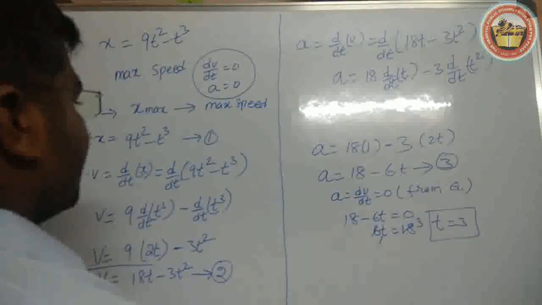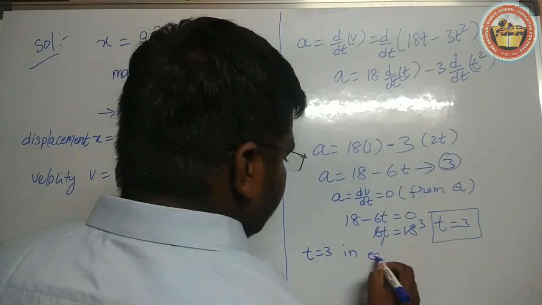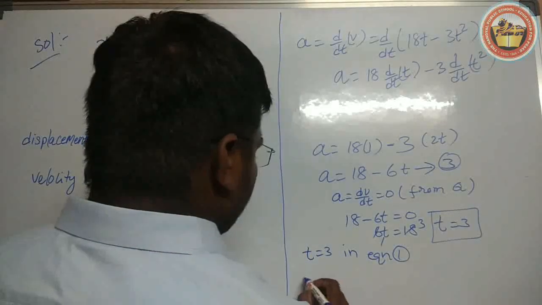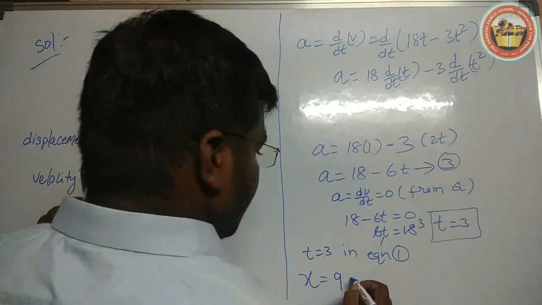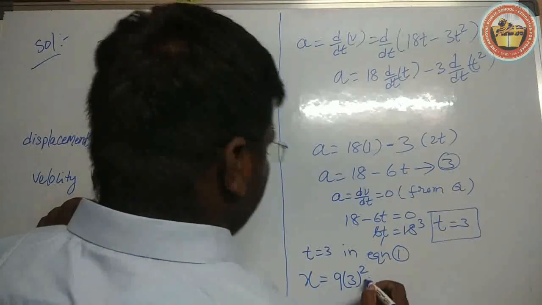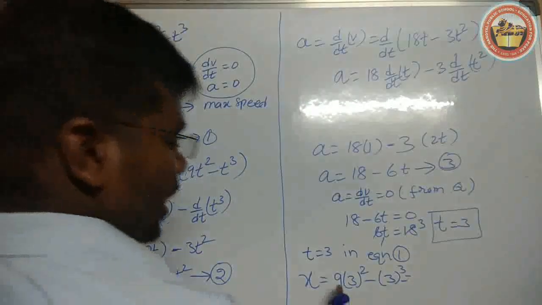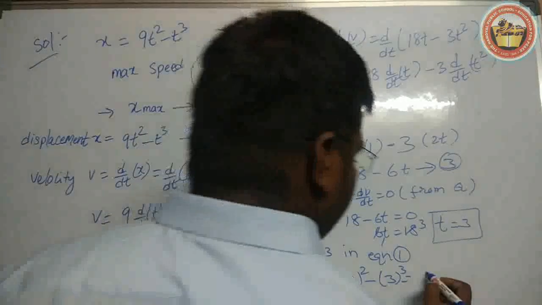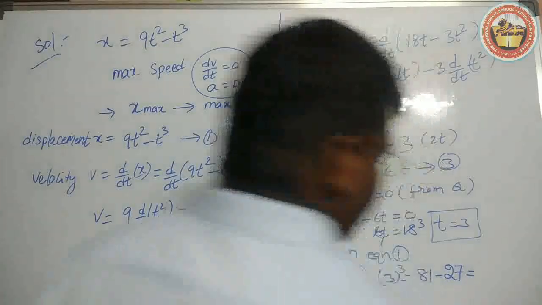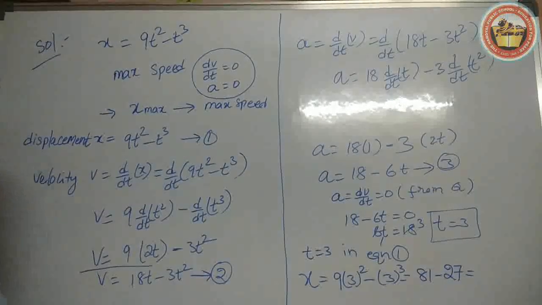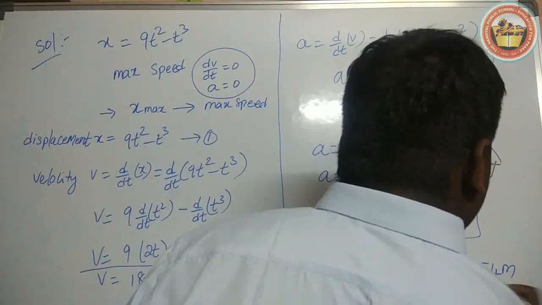This t value we can substitute in equation 1. t is equal to 3 in equation 1. x is equal to 9 into 3 square minus 3 cubed. 9 into 3 square means 9 times 9, 81, minus 3 cubed, 27. 81 minus 27 is equal to 54 meters.